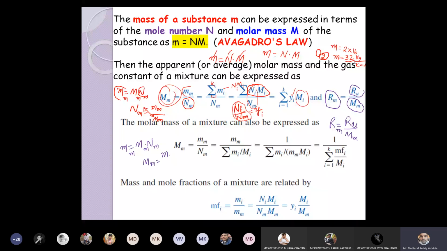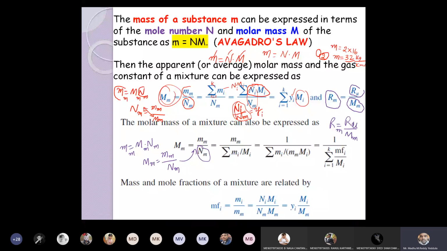And we know NM, the number of moles of the mixture, can be written as the summation of the mass of each individual component by the molar mass of the individual component. So NM we can write as mi by Mi. Capital M is the molar mass, small m is the mass. Any doubt in this one?